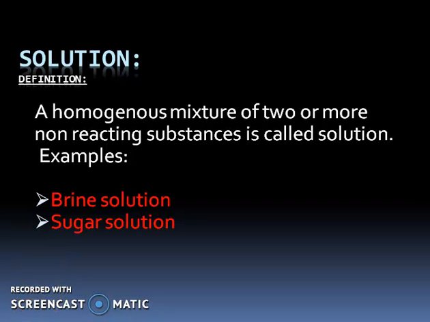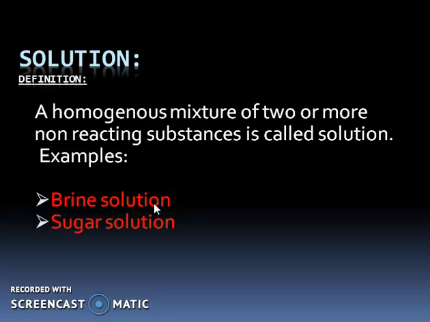Like a brine solution, when sodium chloride is dissolved in water, we cannot see sodium chloride in the resultant mixture if it is properly dissolved. If we cannot see the particles in it, we can call it a solution.